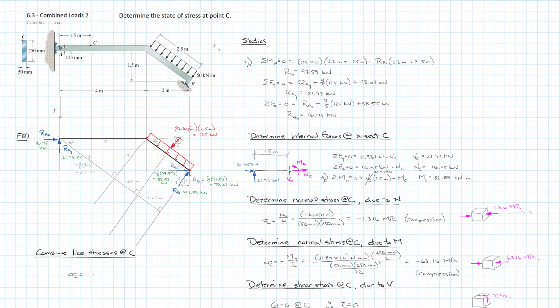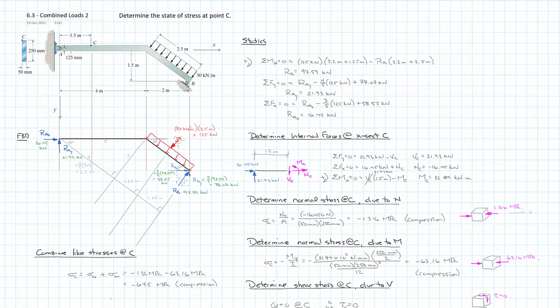So we have our normal stress at C is equal to our normal stress due to N plus our normal stress due to bending, and that's equal to negative 1.32 megapascals minus 63.16 megapascals, and that's equal to negative 64.5 megapascals, and that's compression.